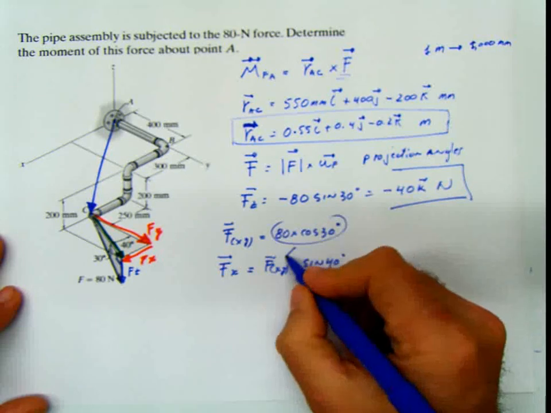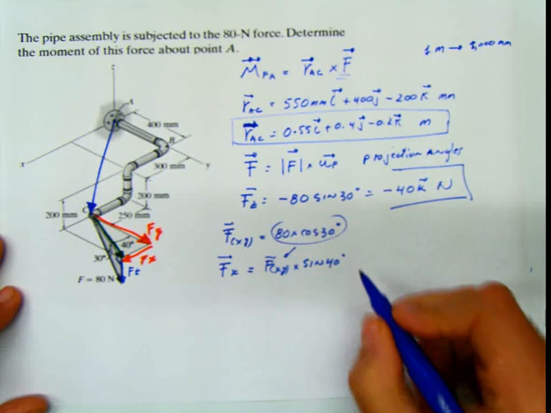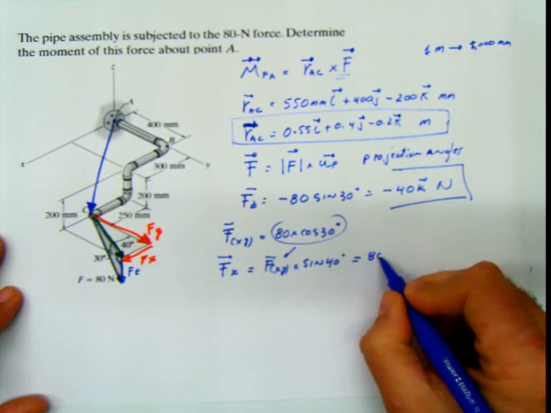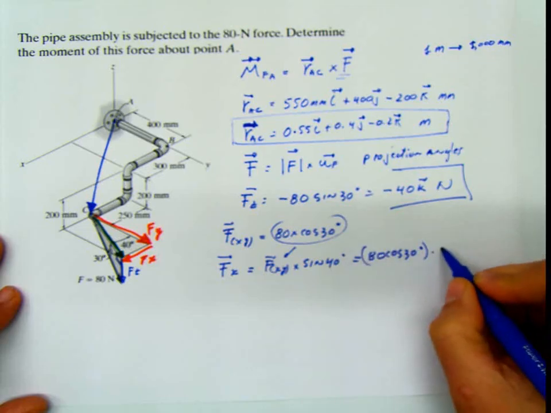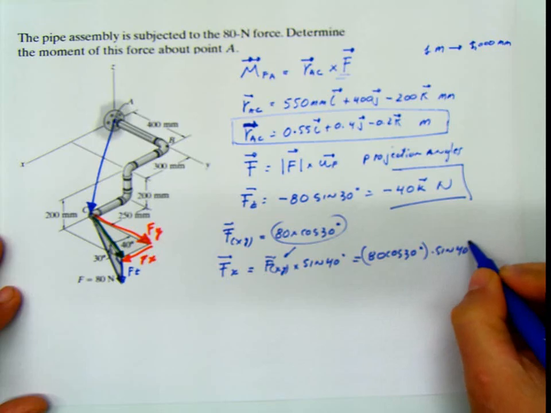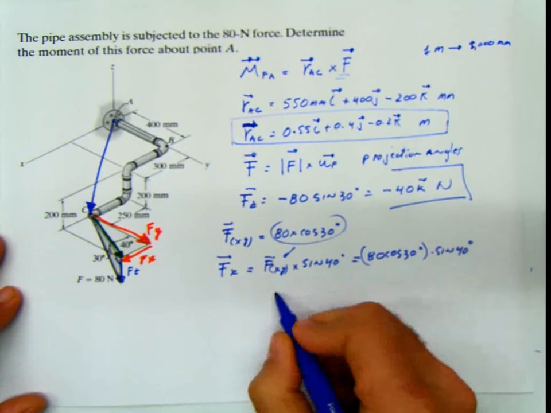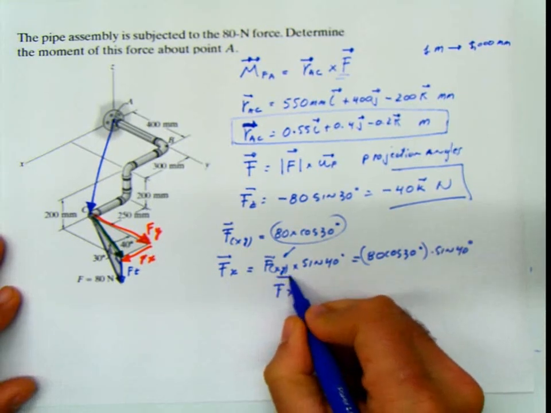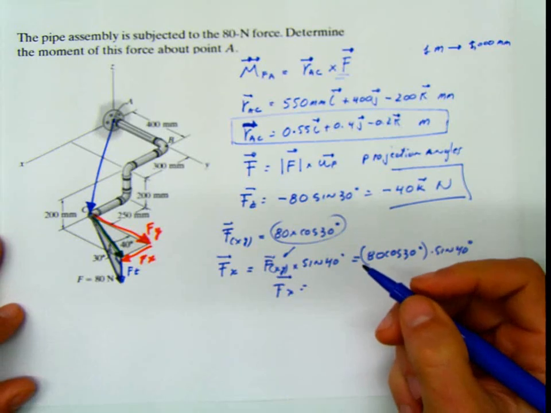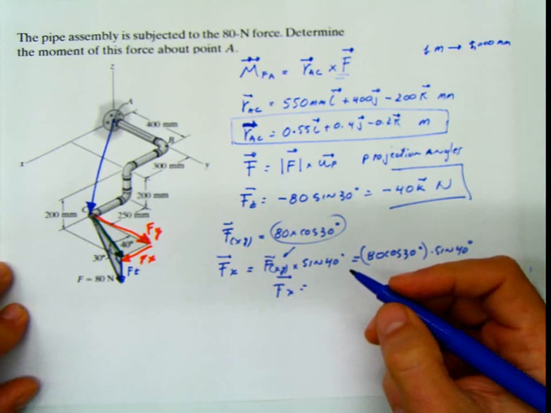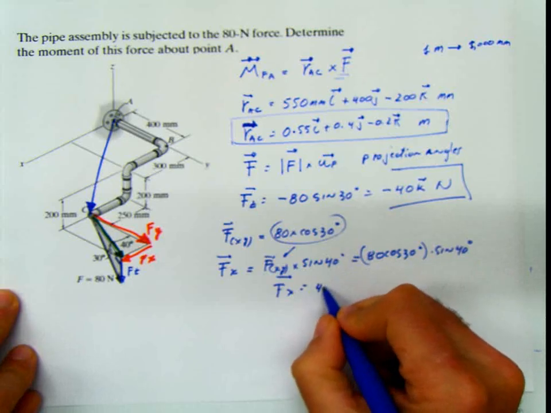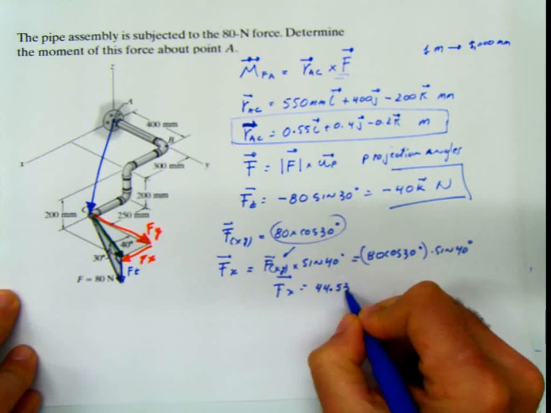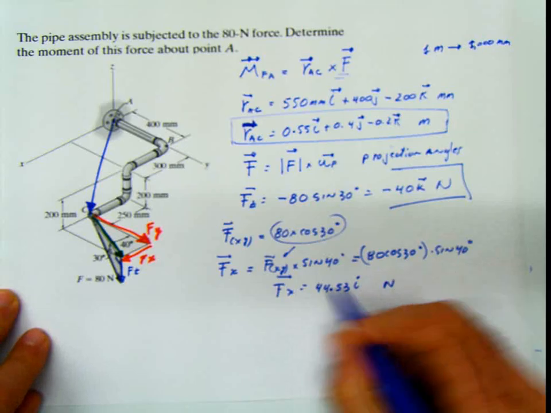Putting this in here, that's going to be equal to 80 cosine 30 degrees multiplied by sine 40 degrees. Or Fx is going to be equal to 44.53 I, and this is Newton.